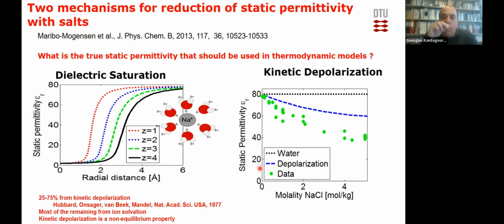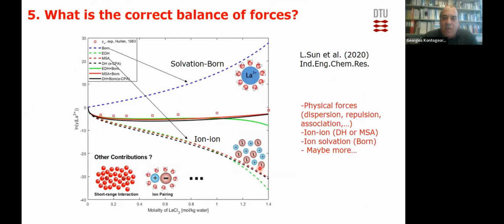And if we should, which form of the dielectric constant should we include? Because it is assumed that there is both a thermodynamic and a kinetic part in this composition dependence of the dielectric constant.